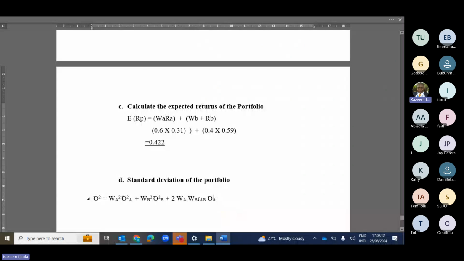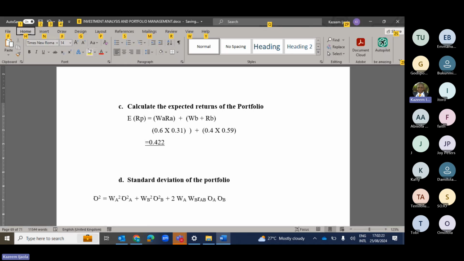So this is the formula. Our time is running fast. Let's apply this formula. So the next thing is for us to apply our formula.